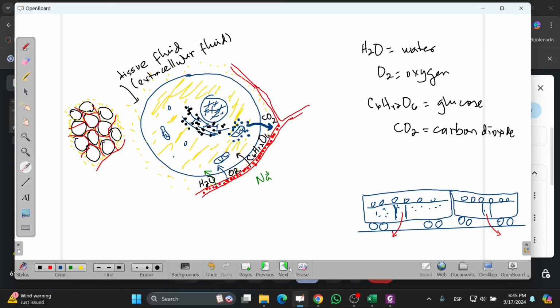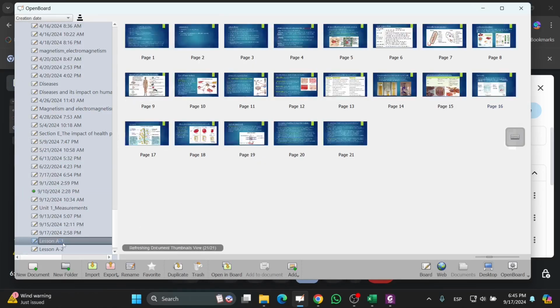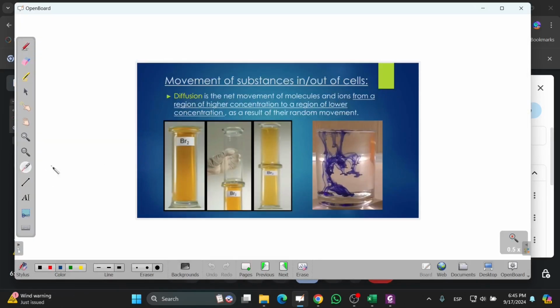Now, I was saying that diffusion may also take place outside the human body. Like, for example, here. You see this slide? What we see here on the right-hand side is a glass of water that we have put a blue food coloring in.